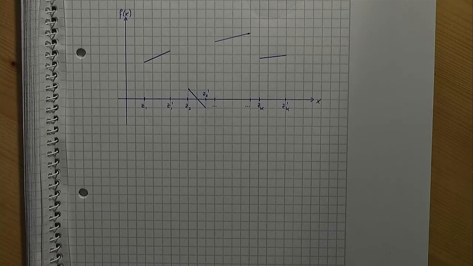The graph shown here is an example of a discontinuous piecewise linear function f. Let k denote the number of linear segments. The domain of each segment i is defined to be a given interval [zi, zi'].